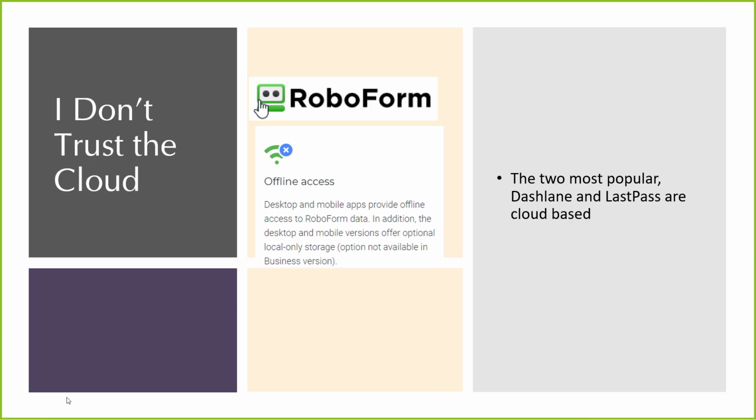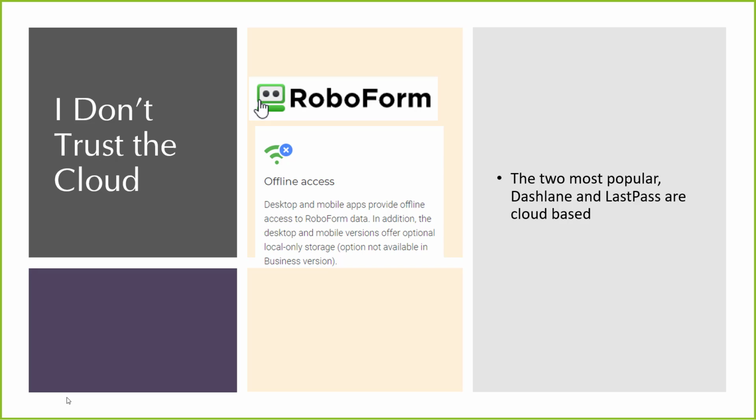So the next question is, what if I don't want to save this in the cloud? Dashlane, Keeper, LastPass, and most of the others are cloud-based, so the passwords are saved in an encrypted vault in those companies' cloud. If that makes you nervous, which is perfectly acceptable, then you want to get something that is locally stored.